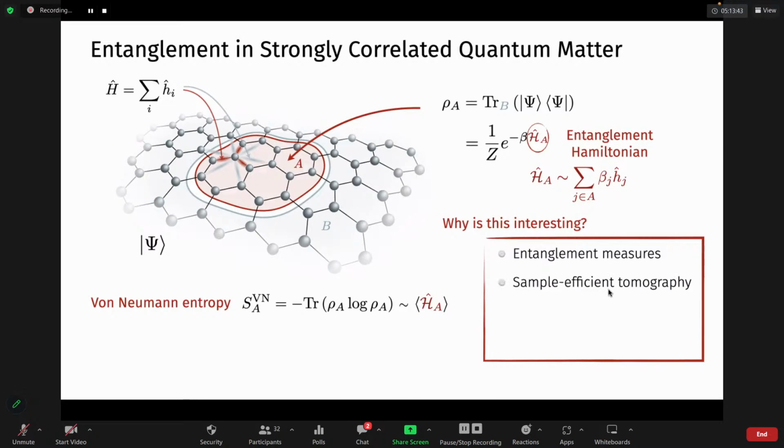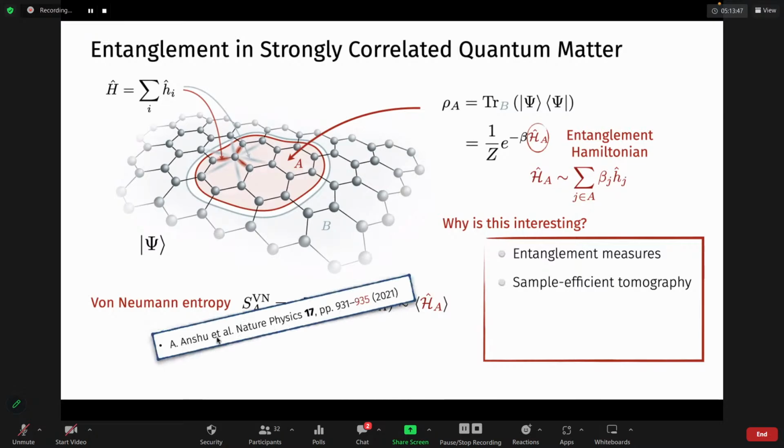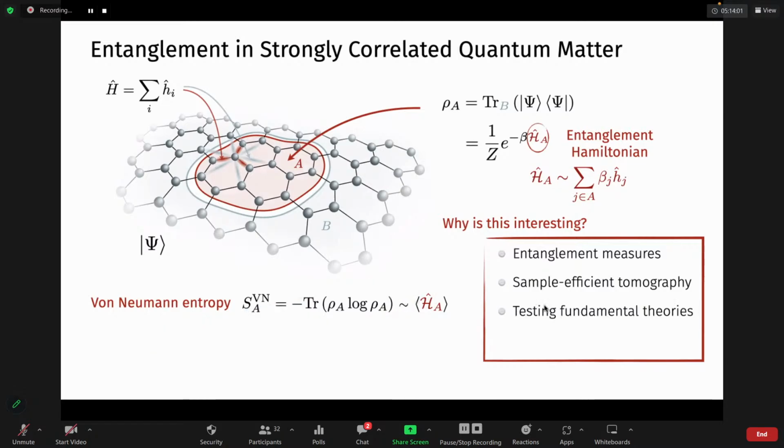Second, you can do a sample efficient tomography. And this was shown in a very important paper by Anurag Anshu et al. at Harvard, where they showed that if you have a Gibbs state with a local Hamiltonian in the exponent, you can learn it efficiently from a number of samples that scales polynomially with the subsystem size.